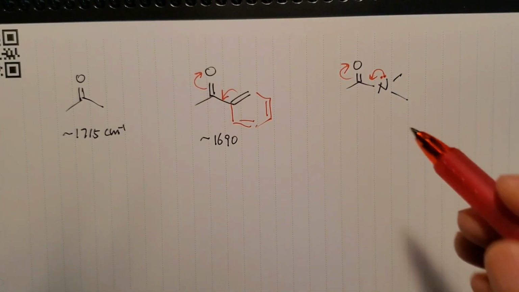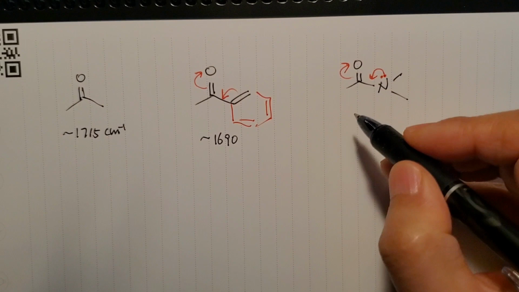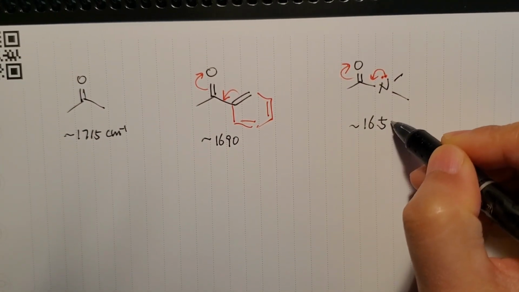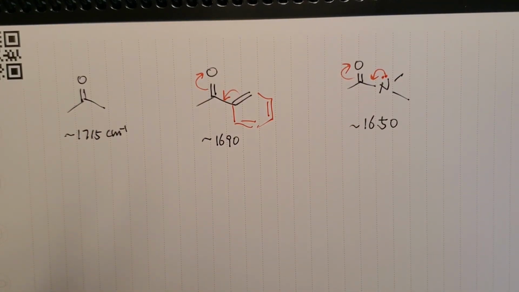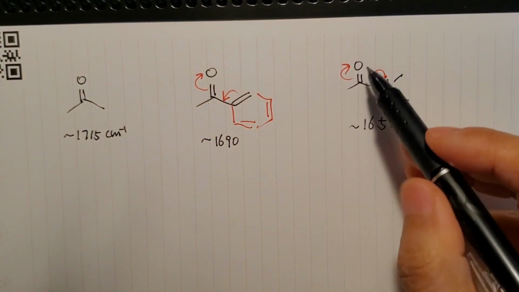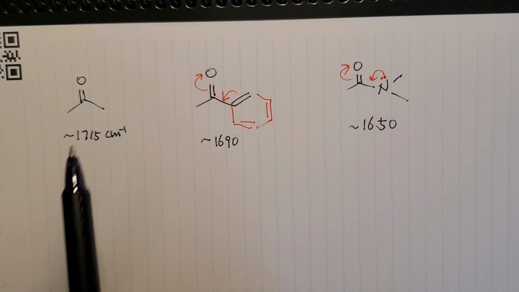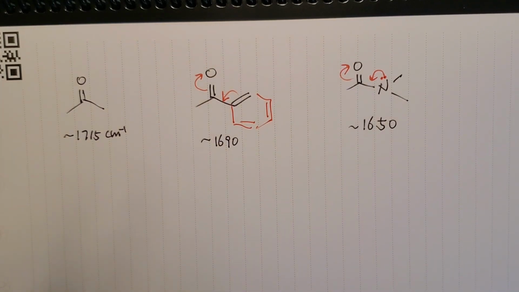So you can imagine this can be very low, 1650 something. Say, let's say 1650. So a lot more weakened carbonyl group you get compared to this, and from the original carbonyl group it's way down, about 60 or more.